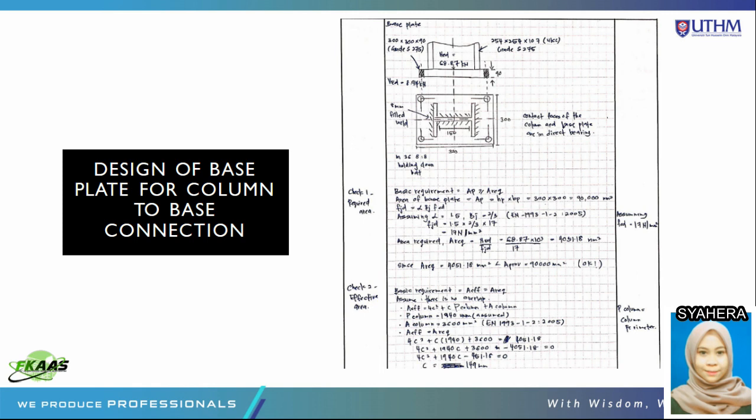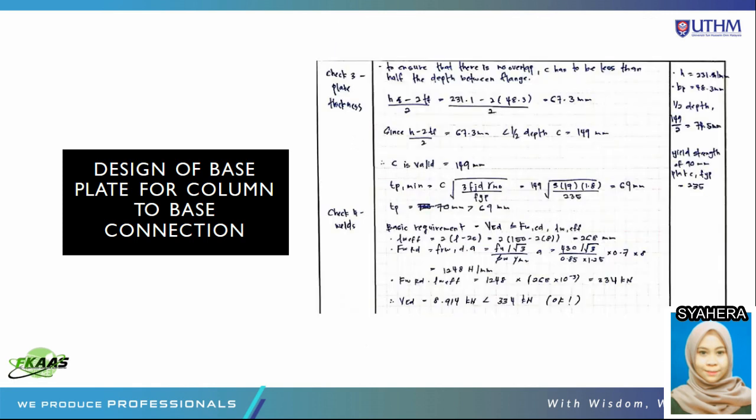The value of C from the equation A effective equals 4C squared plus CP column plus A column is 149 millimeter. To ensure that there is no overlap, C has to be less than half of the depth between flanges. So we use the equation H minus 2TF over 2, and we got the value of 67.3 millimeter, which is less than half of 149 millimeter, which is 74.5 millimeter.